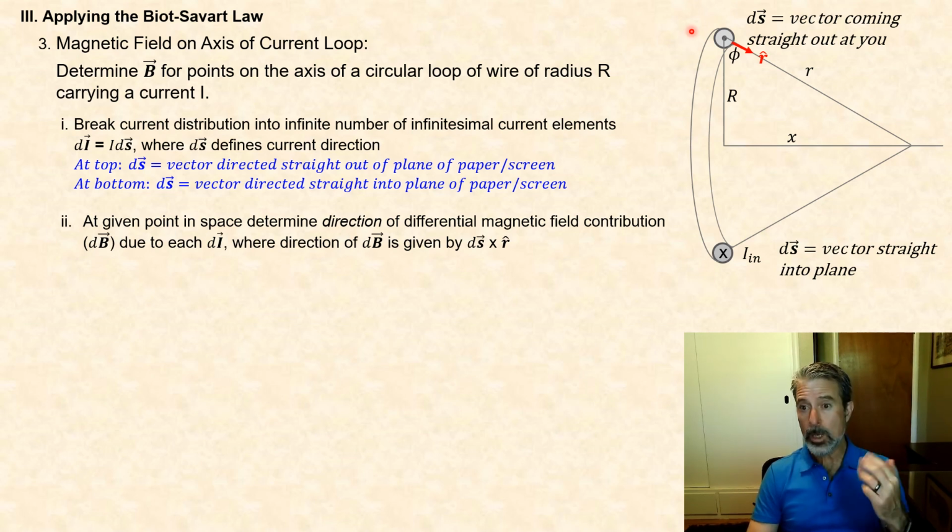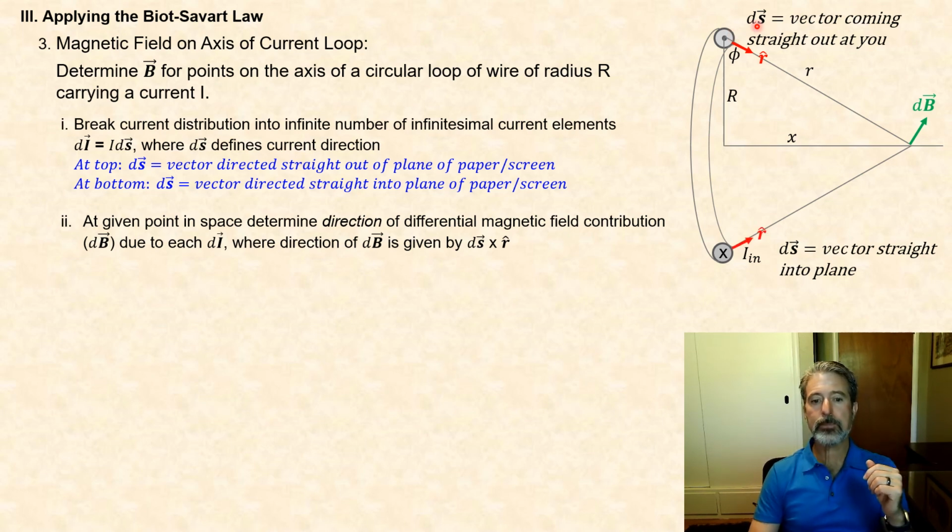And when I look at ds cross r hat, and make sure you do this and understand it, to get the direction, applying the right-hand cross product rule, that is, letting the fingers of your right hand lie along the vector ds and curl towards the second vector r hat, you will see that the direction of the infinitesimal field contribution dB would look like this. Notice that this vector dB is perpendicular to both r hat and to the vector ds. It's coming out of the plane of the paper.